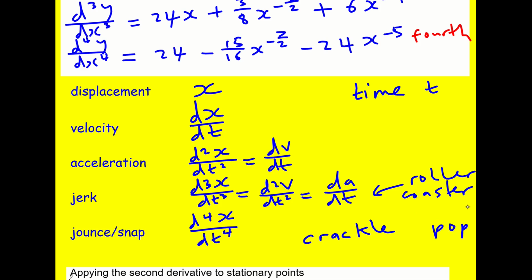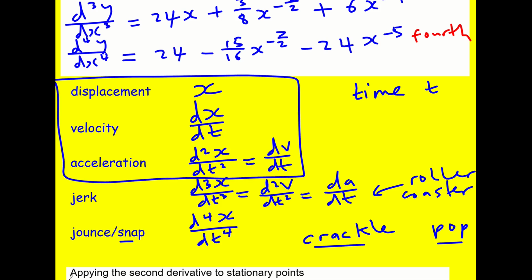If you are familiar with a certain English, or should I say British, breakfast cereal, then you may understand their sense of humour. But what I would say, if you take anything out of this, is that you'll see this later on in mechanics, this link between displacement, velocity, and acceleration.